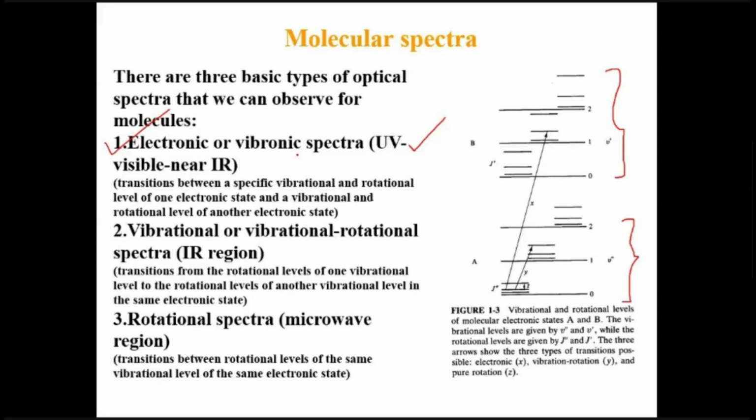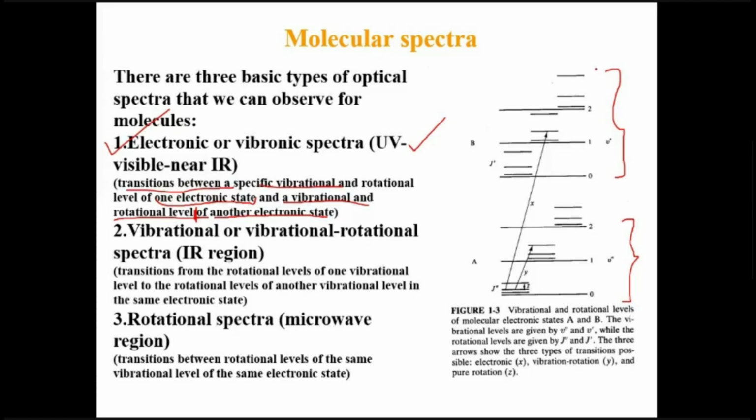Electronic and vibronic spectra. It is UV visible near IR spectra. These are transitions between a specific vibrational and rotational level of one electronic state and a vibrational and rotational level of another electronic state.